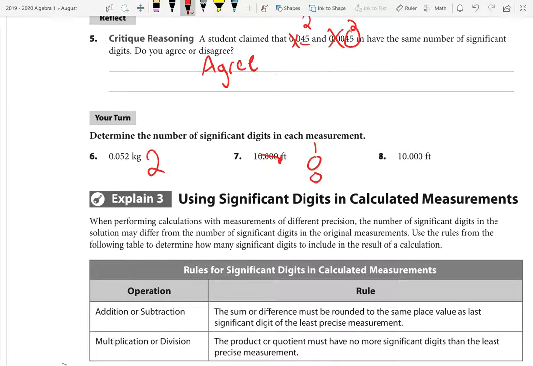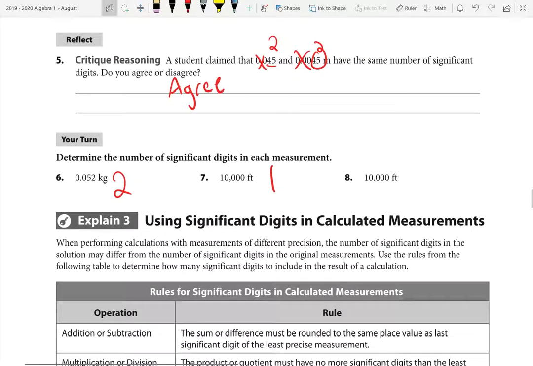So it doesn't count. So there's only one significant digit in that entire number. It's just 1. Okay. Now 8 is fascinating as well.